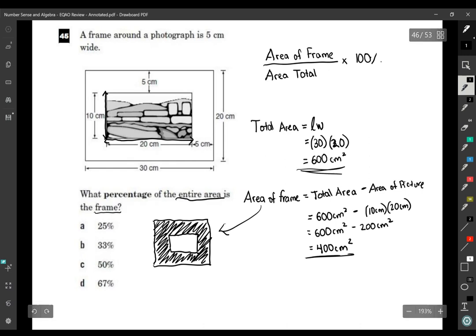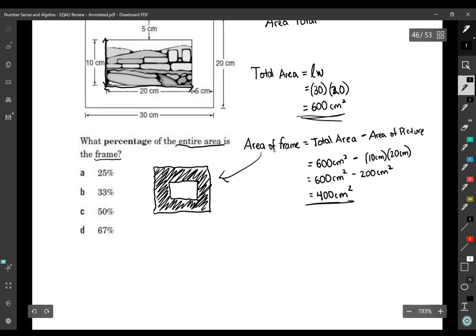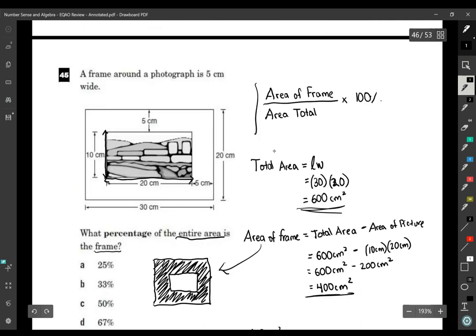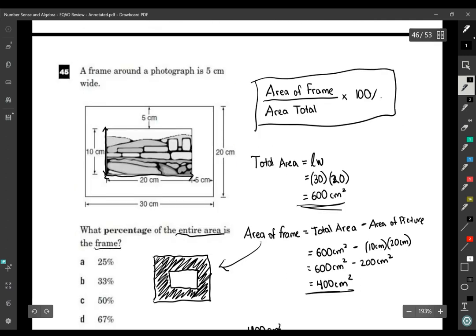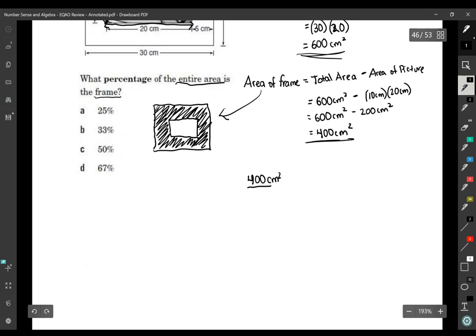So to get the percentage of the entire area that's the frame, we have to do area frame, so 400 centimeters squared, just like I wrote up here, divided by total area, so 600 centimeters squared.